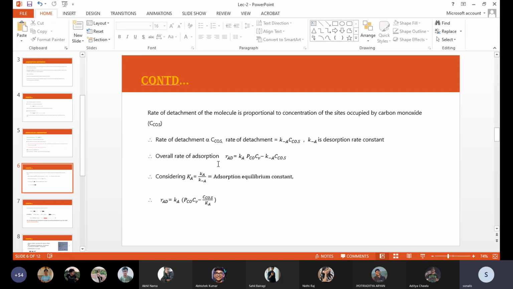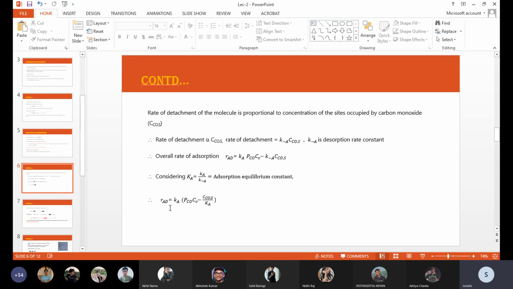So the overall rate of adsorption, r_ad, is equal to ka PCO CV minus k of minus a C_CO·S. Considering capital Ka is small ka by k of minus a, this ratio is called the adsorption equilibrium constant, the rate constant of attachment divided by the rate constant of detachment.